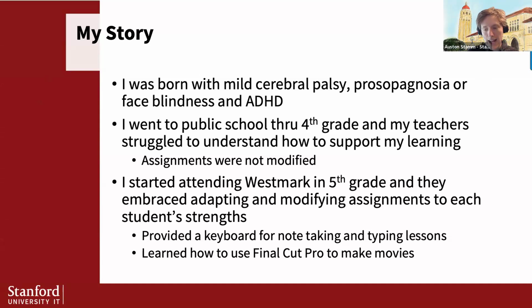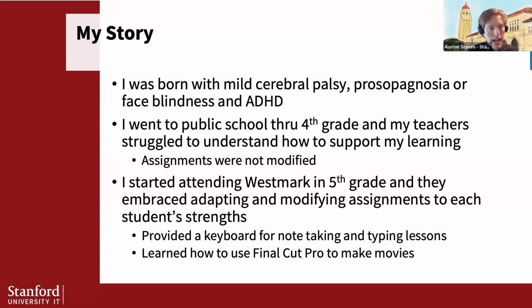And then in fifth grade, I went to a non-public school called Westmark, and they really embraced modifying assignments and adapting to student strengths. Instead of using a pencil to take notes, I used an AlphaSmart, which is like a word processing laptop. And I went from being the slowest note taker to one of the fastest.